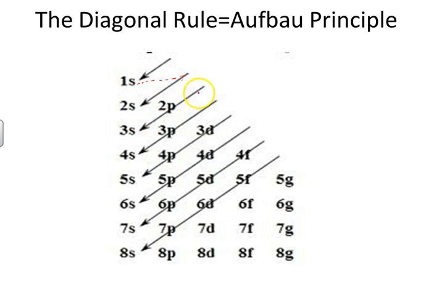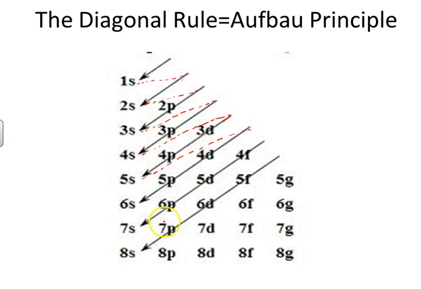So after 2s, we go over to 2p, follow the arrow until we get to 3s. From 3s, we go back up to here, 3s to 3p to 4s. From 4s to 3d, 4p, 5s. From 5s to 4d, 5p, 6s, and so forth.